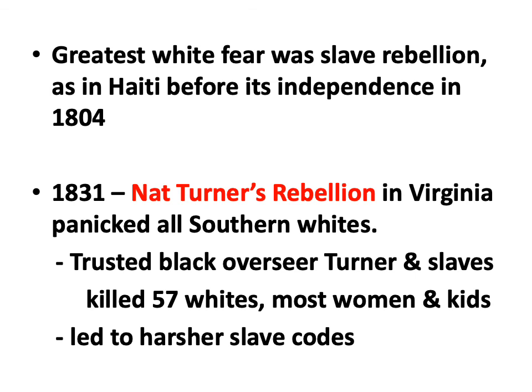So they were terrified of rebellions. There were a number of rebellions in the South, and every time there was a slave rebellion, the slave codes became harsher and harsher.